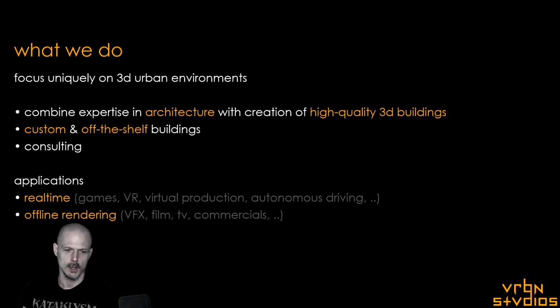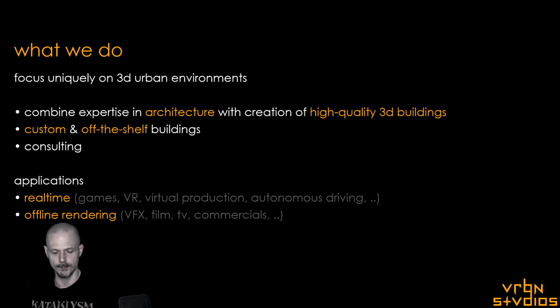At the moment we are producing custom and off-the-shelf buildings, which we also sell in our shop. And then we are doing some consulting for different projects and services in general, all in the realm of 3D urban environments.